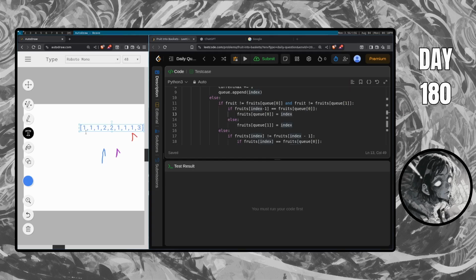For example, here we're going to have 0, 1, 2, 3, 4, 5. Here's index 5, and then index 6, 7, 8. Alright, 8 minus 5.